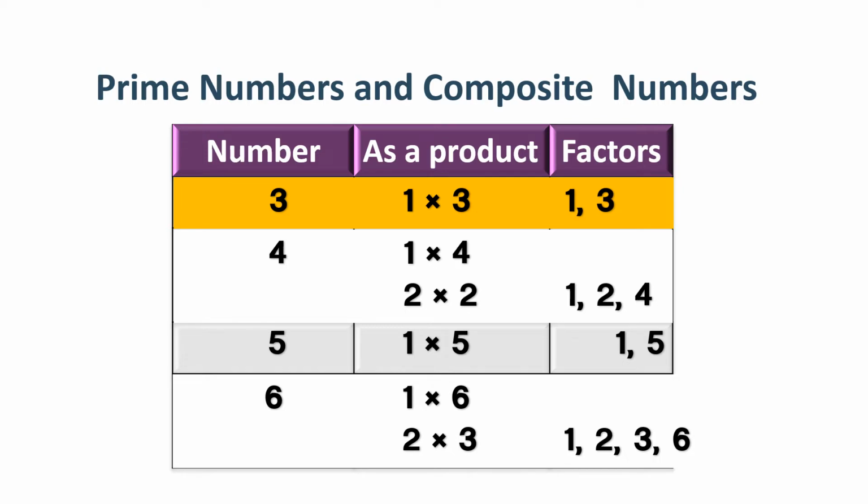Have a look at 5. Once again, it has got only 2 factors, 1 and 5. That means the 2 factors are 1 and itself. So, what is the difference here? We'll see. First of all, I'm going to introduce the term prime numbers.